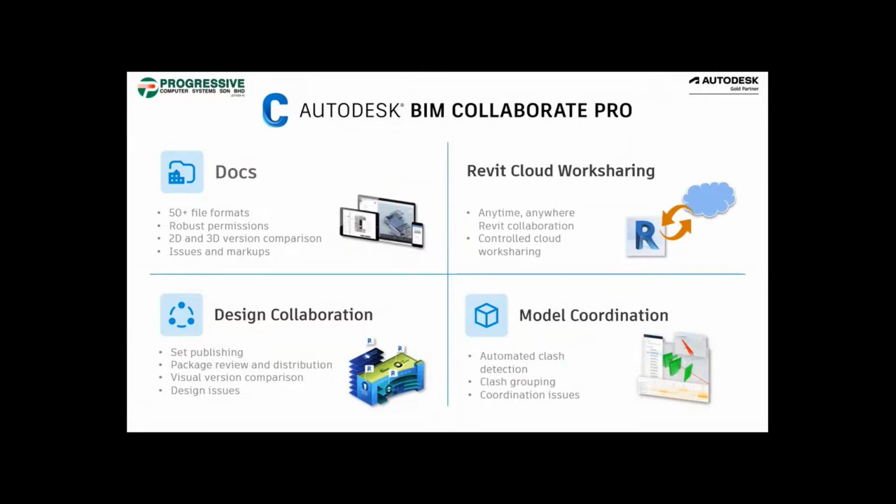Then there is the design collaboration module, which gives customers a high degree of control over how and with whom their project data is shared. Then we have model coordination, which is for clash coordination, where you can do automatic clash detection.